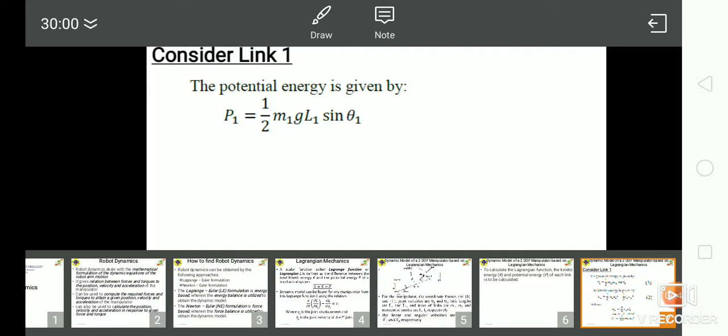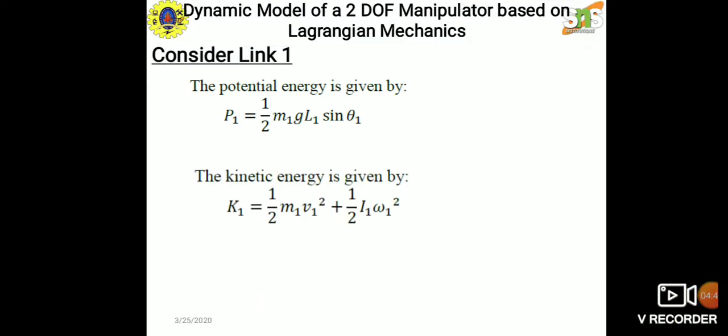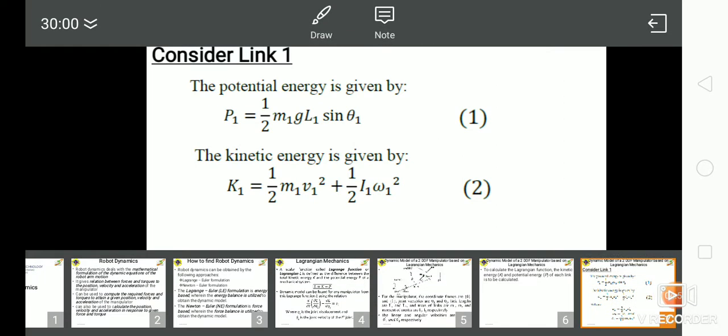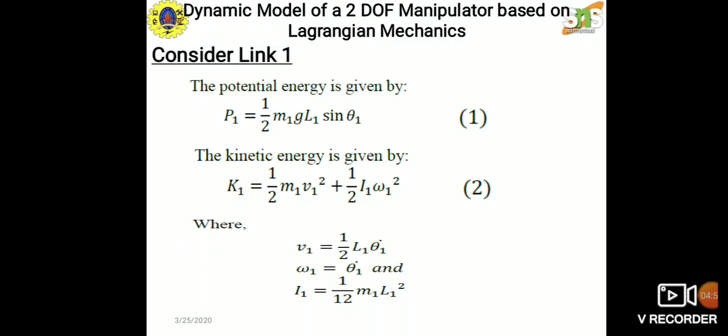The kinetic energy is given by K1 equals 1/2 M1 V1 squared plus 1/2 I1 omega 1 squared. These are equations 1 and 2, where V1 equals 1/2 L1 theta 1 dot, omega 1 equals theta 1 dot, and I1 equals 1/12 M1 L1 squared. Here P represents potential energy, K is kinetic energy, P1 is the potential energy for link 1, and K1 is the kinetic energy for link 1.